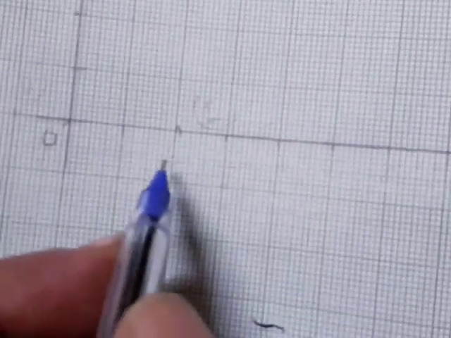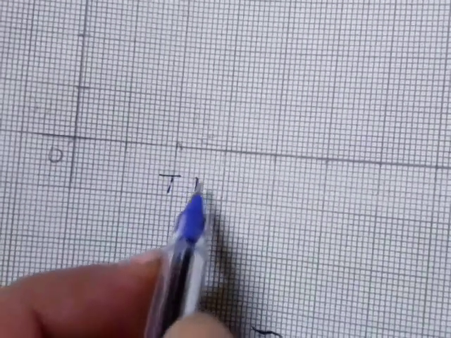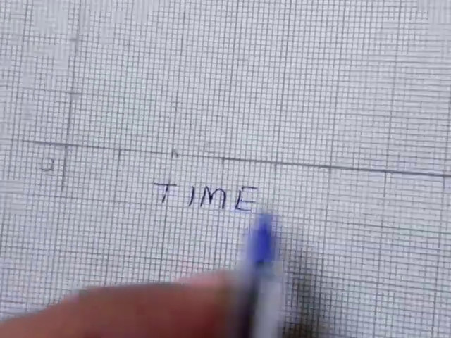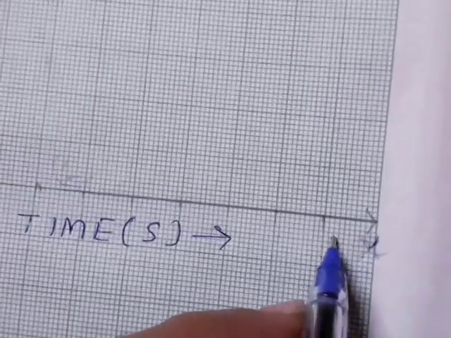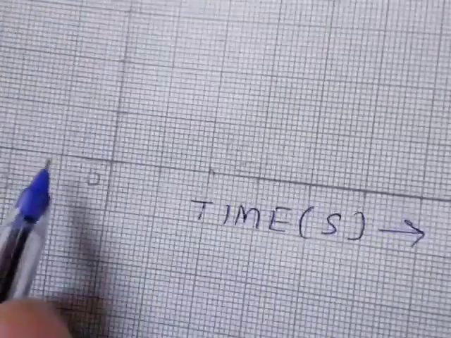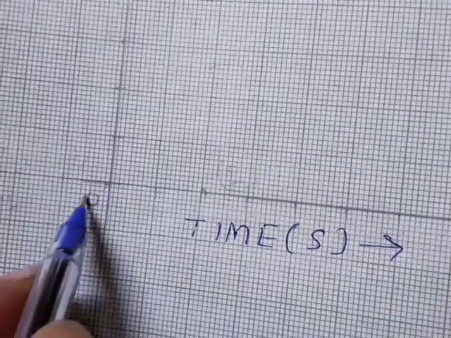The x-axis represents the time, so we write here time, and its unit is second, then an arrow mark. This point is the origin, so origin is mentioned here.